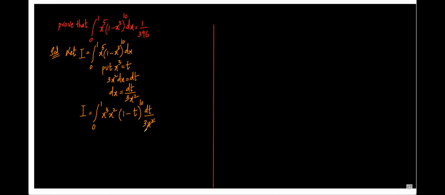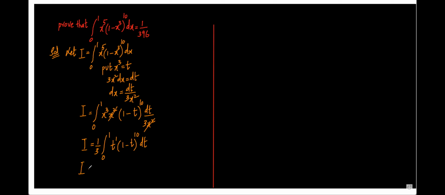Here the x square term is cancelled. Since 1 by 3 is a constant, we can pull it out. I is equal to 1 by 3 integral 0 to 1 of t power 1 into (1 minus t) whole to the power of 10 into dt.